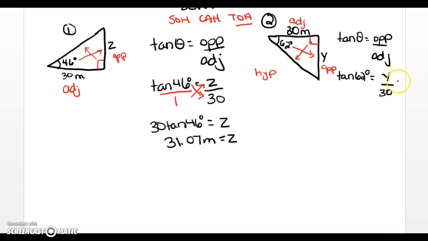Notice these are very similar steps, but be careful. With this one, we're dealing with different angles, so we will have a different answer. Once again, we're going to write this over 1 so we can cross multiply. So we'll find that we have 30 times the tan of 62 degrees, equal to 1 times y, which is just y.